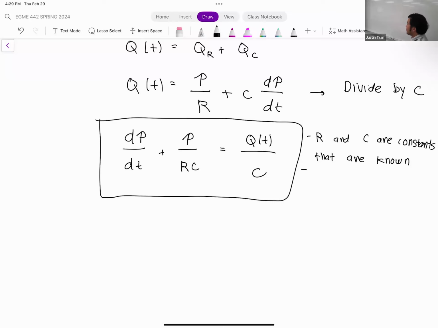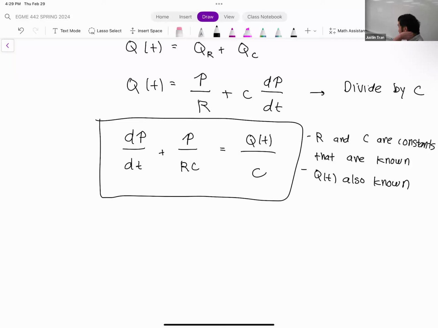Another thing that you can typically assume is that you most of the time know the inflow condition. So Q of t is some function of t, but it's also known. Okay, that's just the inflow to your model.